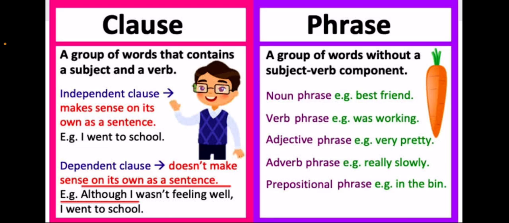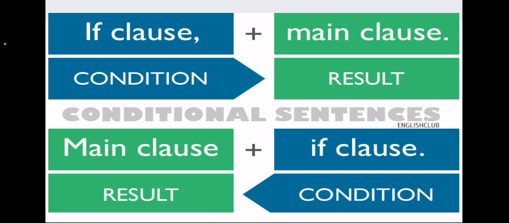If it's an independent clause, it's a complete sentence. I hope you are understanding these things, right? A phrase is a group of words without a subject and verb in the unit, and a clause is a group of words which has a subject and a verb, but it has two types. One is independent and the other one is dependent.